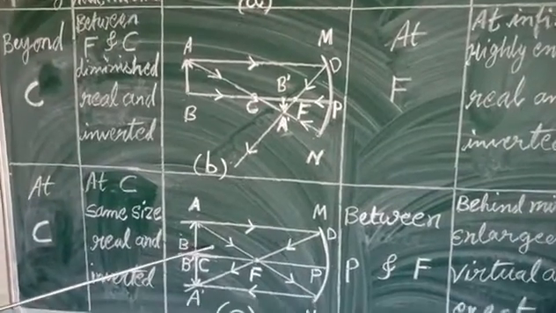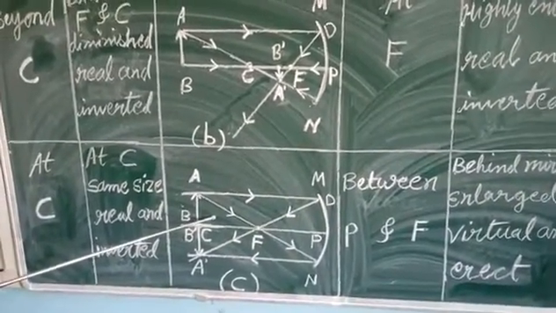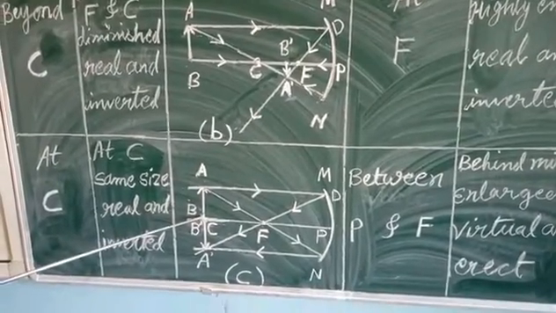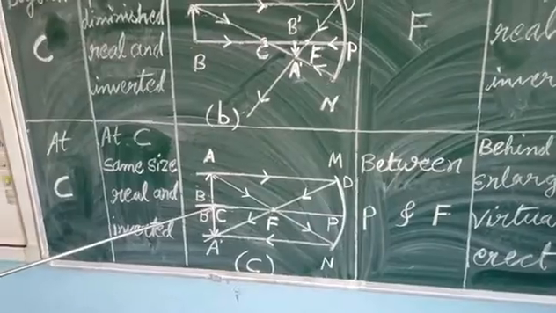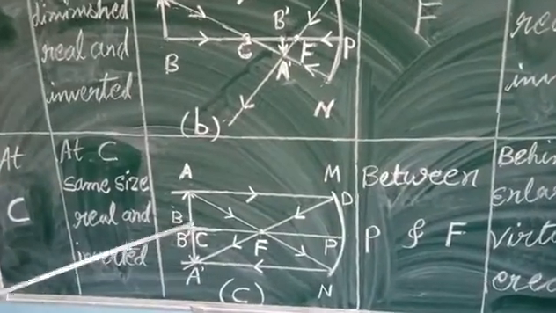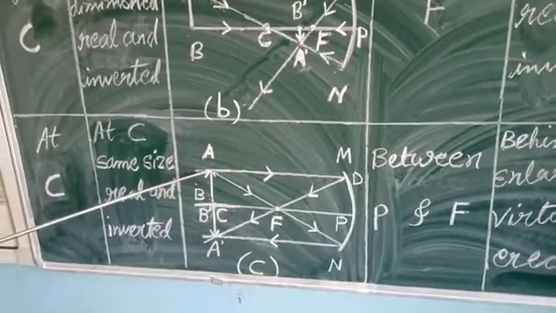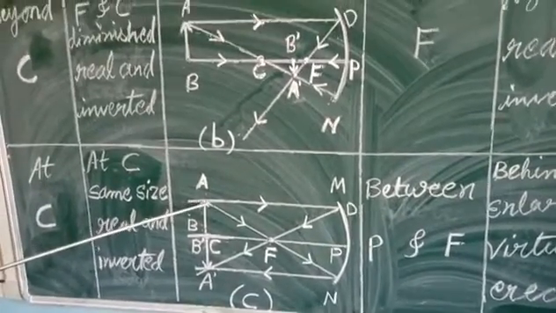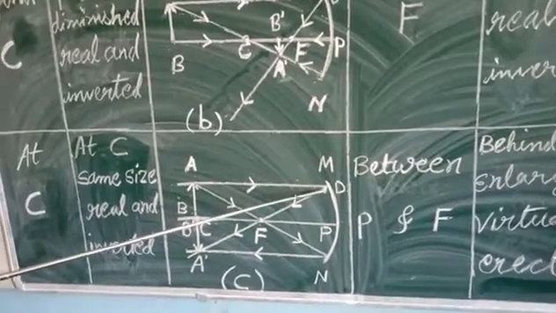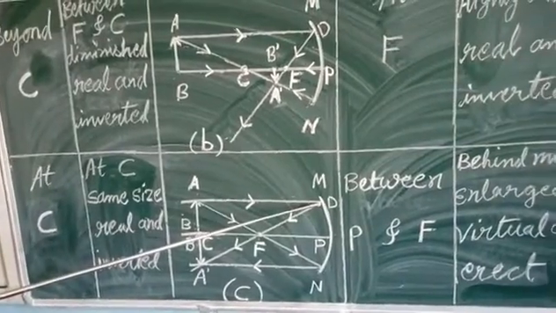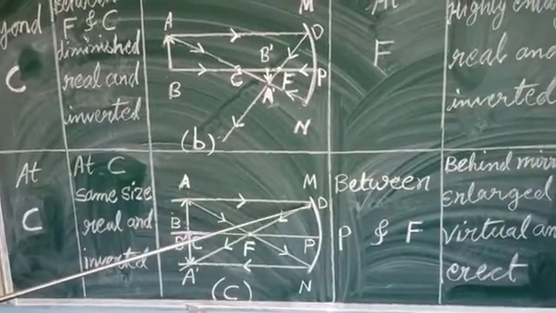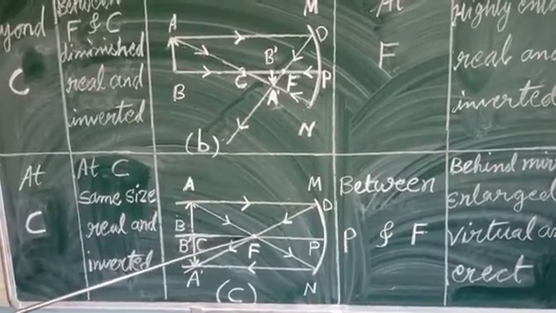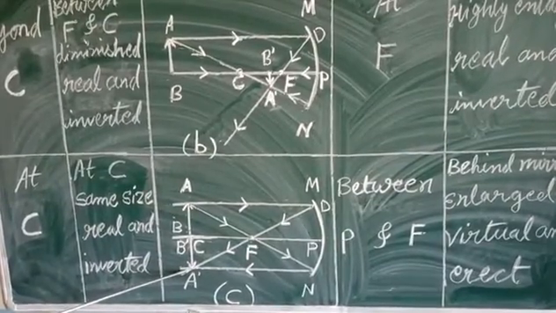Okay, now let us see the next diagram. When we place the object at the center of curvature, then a ray of light passes through the top point of the object and strikes the surface of the concave mirror, and after reflection it passes through the principal focus.